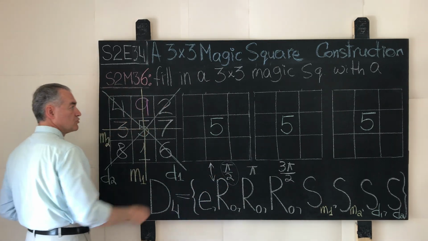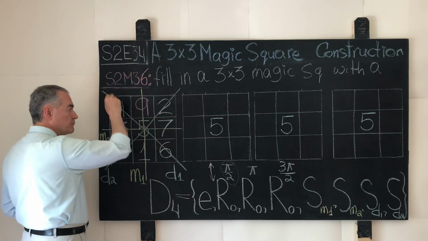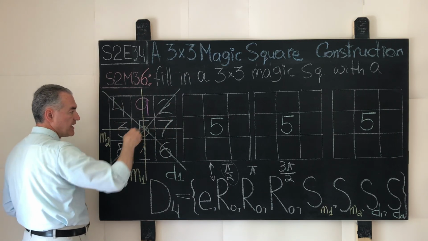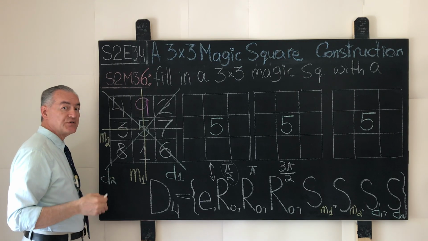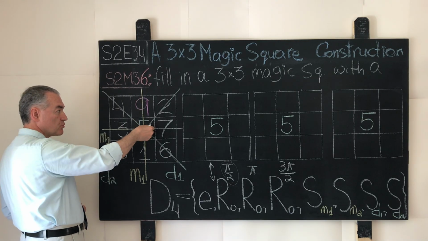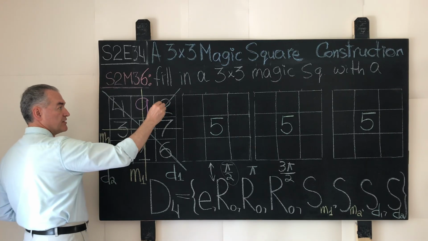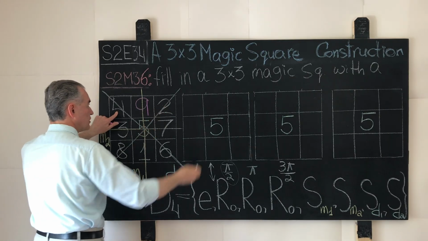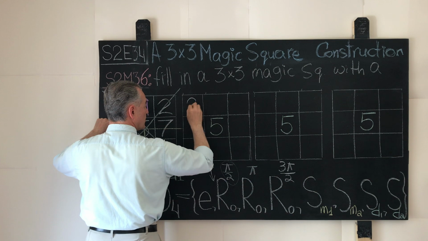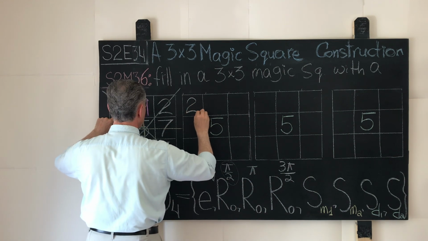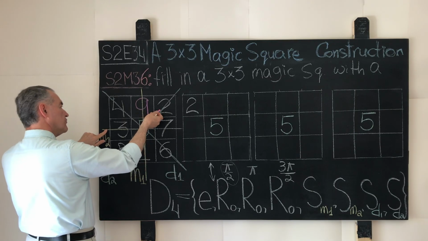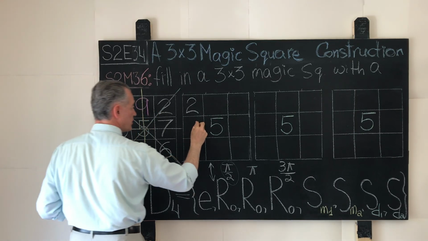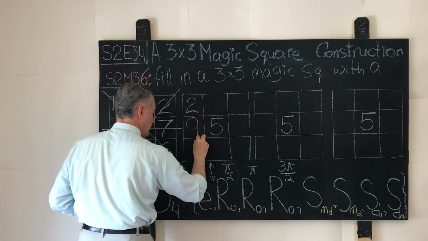Let's start with the number 2. The angle between the diagonal axes of symmetry of any square is what? 90 degrees. Consequently, if we rotate the square by 90 degrees, the number 2 will jump over here into the corner where number 4 used to be. The number 9 will flip 90 degrees into where 3 used to be, 9.